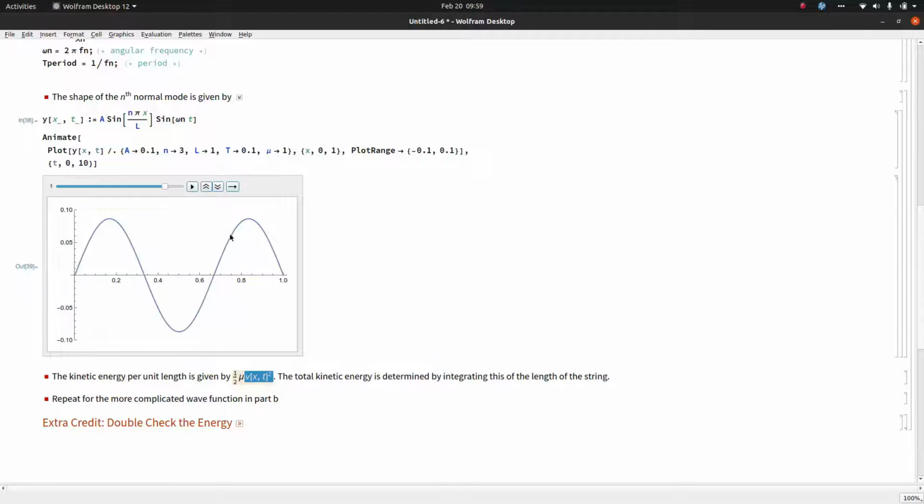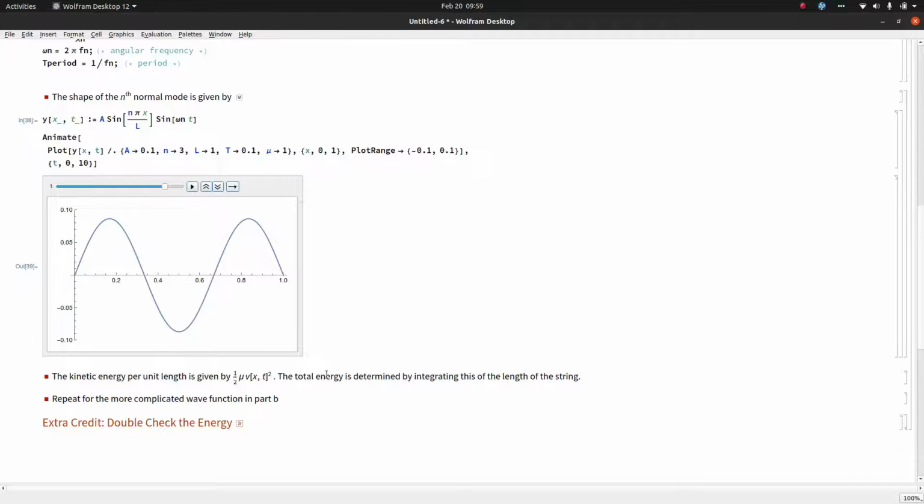If I look at a small length of the string, I would get the kinetic energy of that point by taking the mass per unit length times the length of that infinitesimal element times the velocity of that element squared. So the kinetic energy per unit length is given by that.